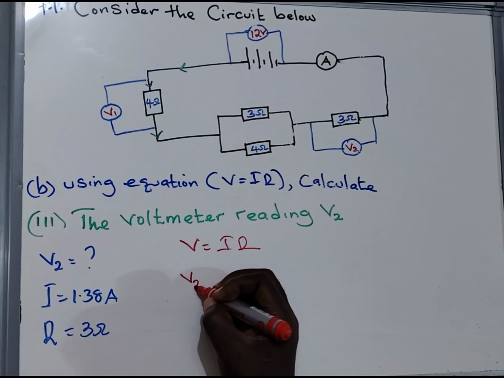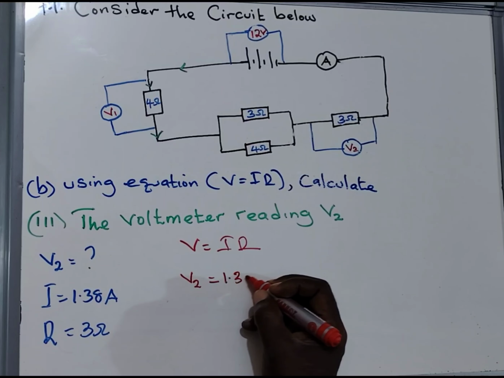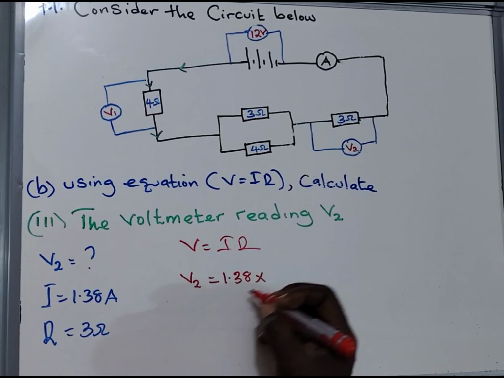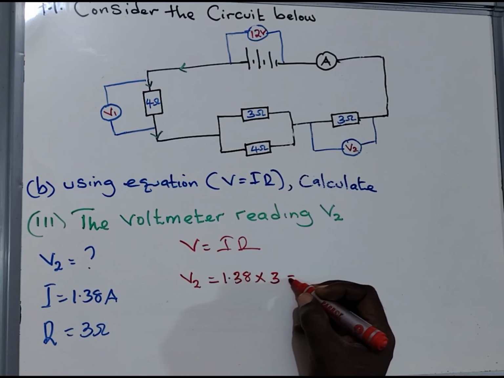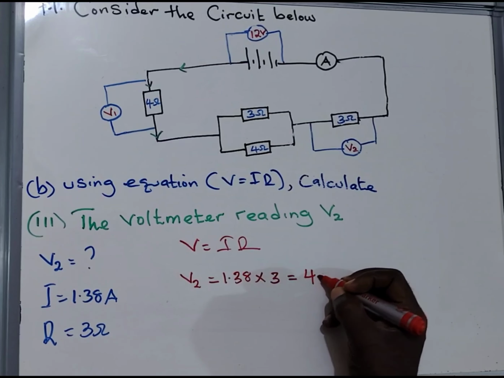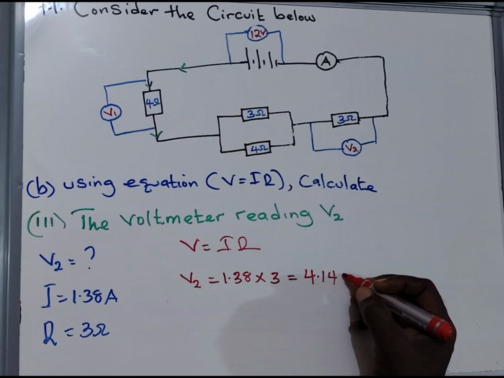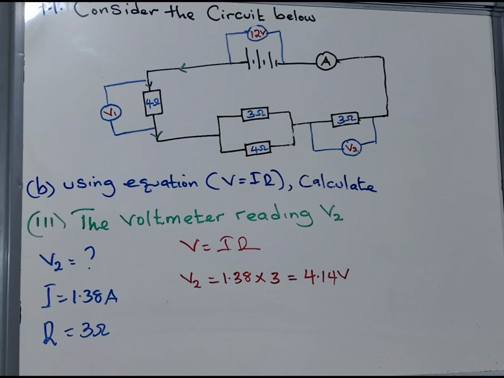We are going to say V2 is equal to I, which is 1.38, times R, which is 3, giving you 4.14 V. That is it.